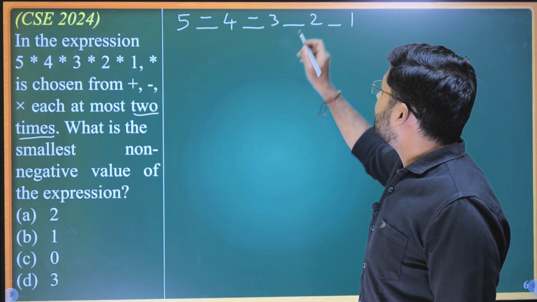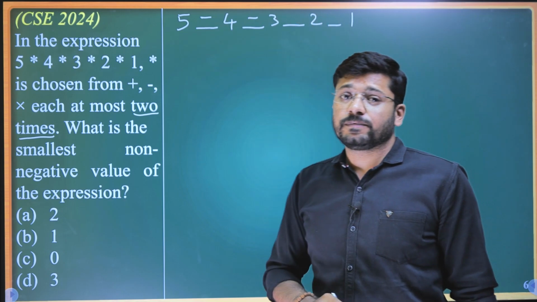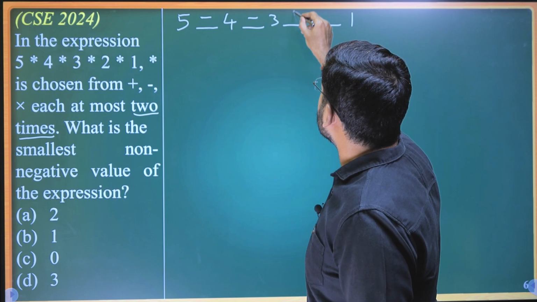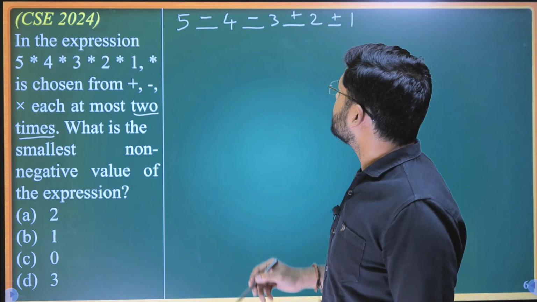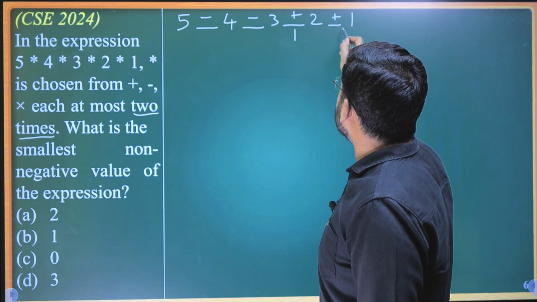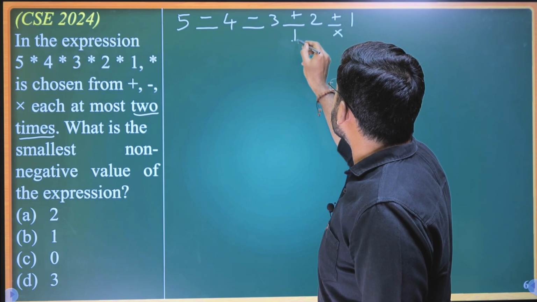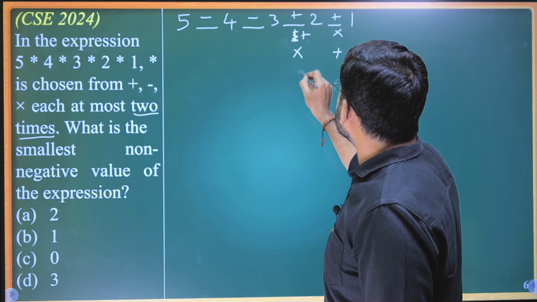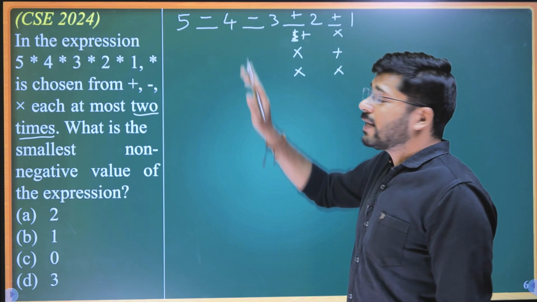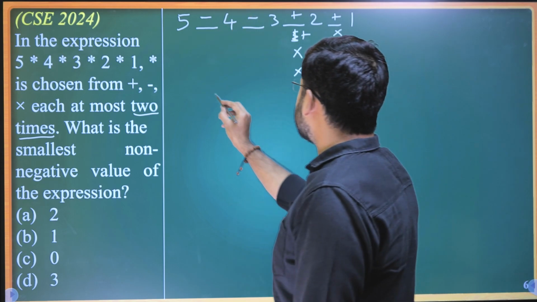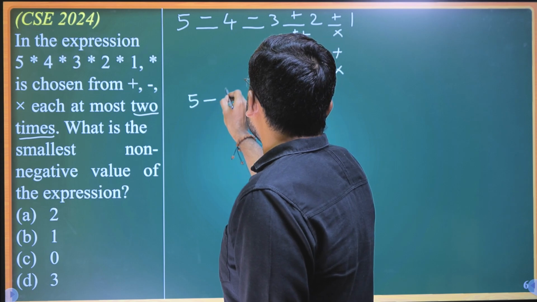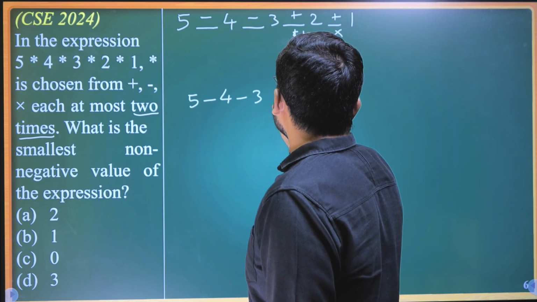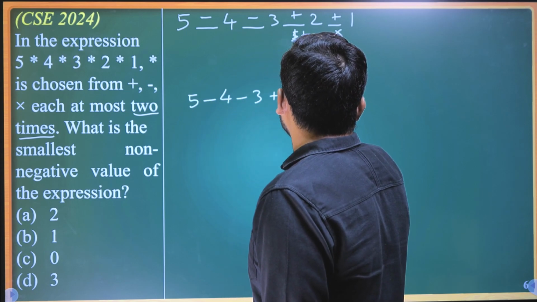Now we shall use plus or into here. First we shall try plus and plus, then we shall try plus and into, then we shall try into and plus, then we shall try into and into. We will keep minus there itself. So we shall see what value we get. 5 minus 4 minus 3 plus 2 plus 1.